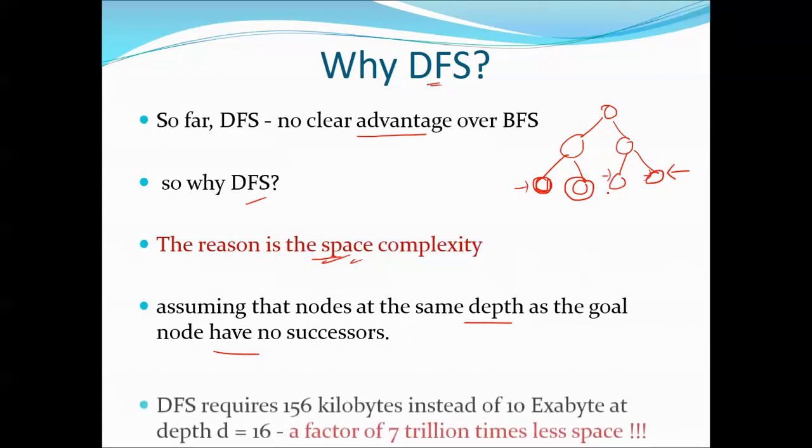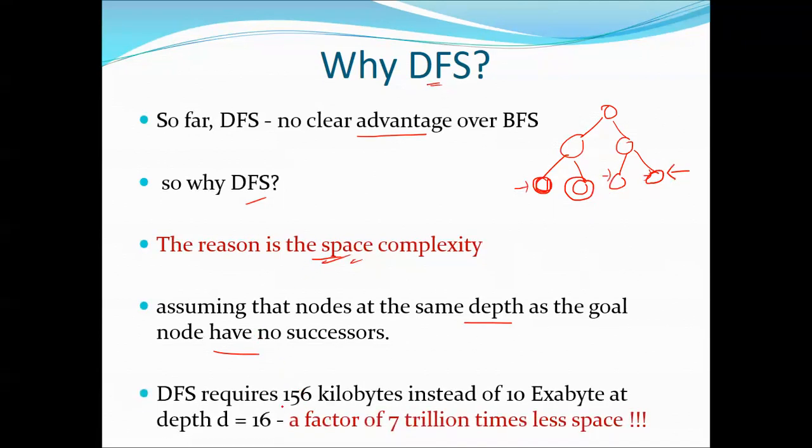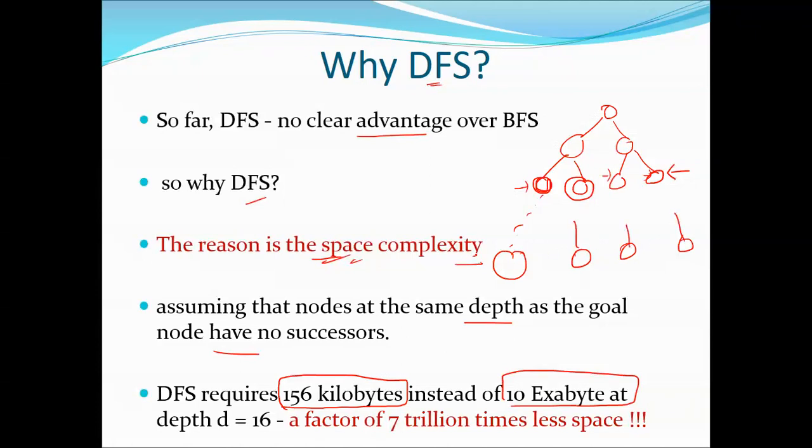In that scenario, DFS requires only 156 kilobytes of memory instead of 10 exabytes at depth d equal to 16. Here I have drawn a tree of only depth 2, but let us assume the depth of the tree is 16 and the goal node is available at level 16, and there is no further depth in the tree.